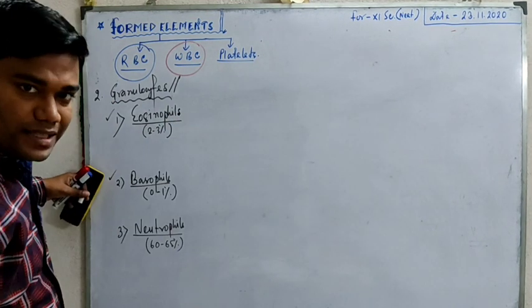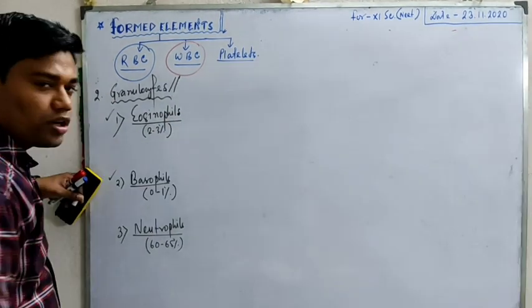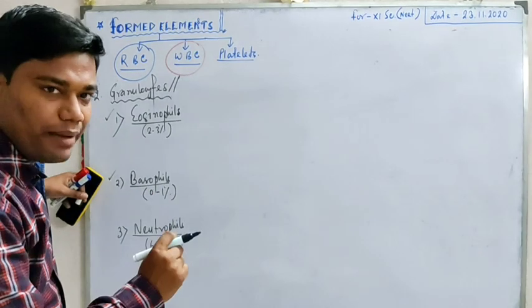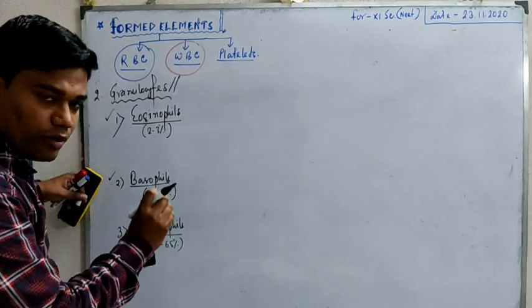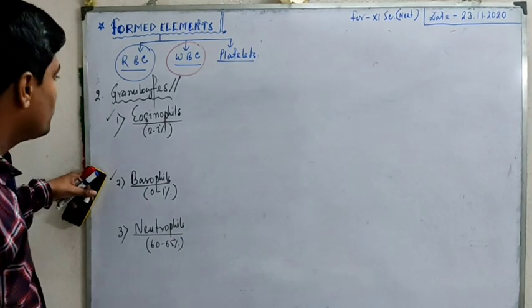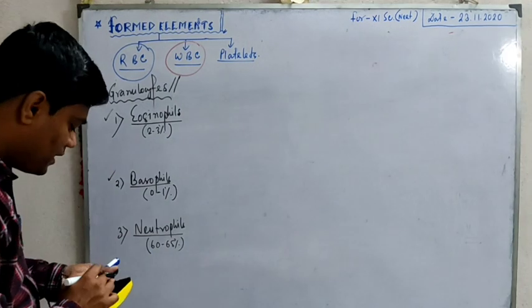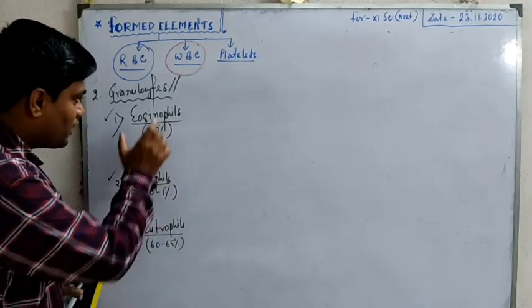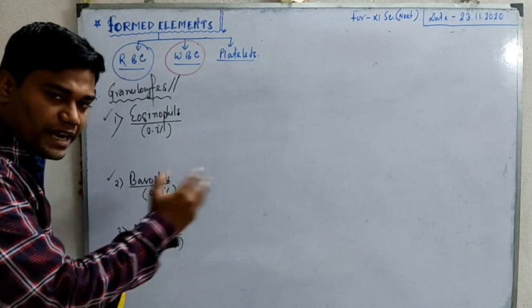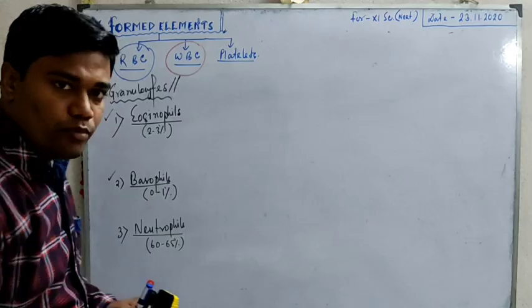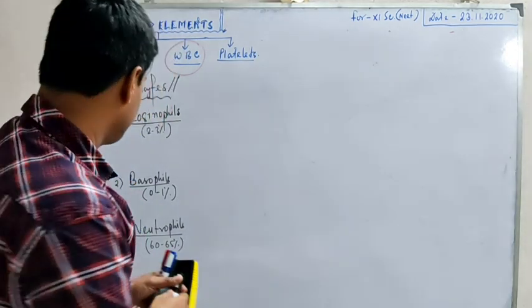One is eosinophils, present in 2 to 3%; basophils, a very little amount found in our blood, that is 0 to 1%; and another type, neutrophils, the most abundant WBCs in our blood, 60 to 65%.